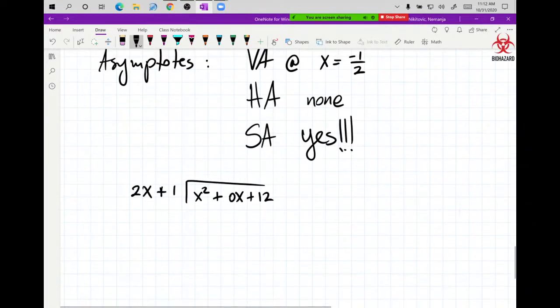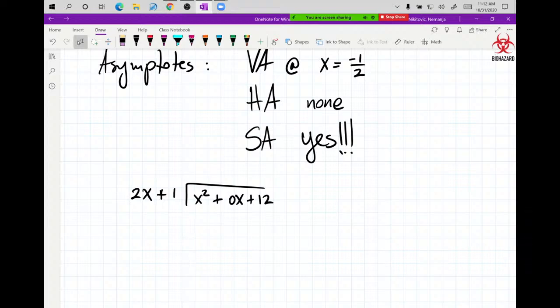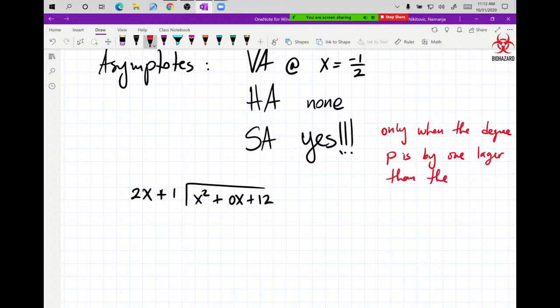Yes, plus 12. So for slant asymptote, here I'll write it in blood one more time, they only happen when the degree p is by 1 larger than the degree q.